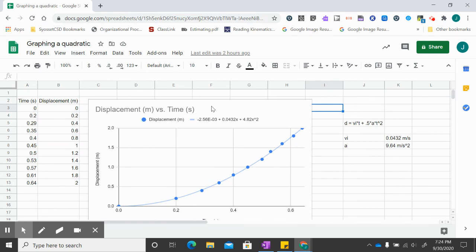The equation you have here, there's a video on how to do this also, is analogous to d equals v initial times time plus 1/2 a t squared. The coefficient of x squared is the same as the coefficient of t squared. So this number here, 4.82, is equal to half of the acceleration. So in my case, 4.82 equals half the acceleration.